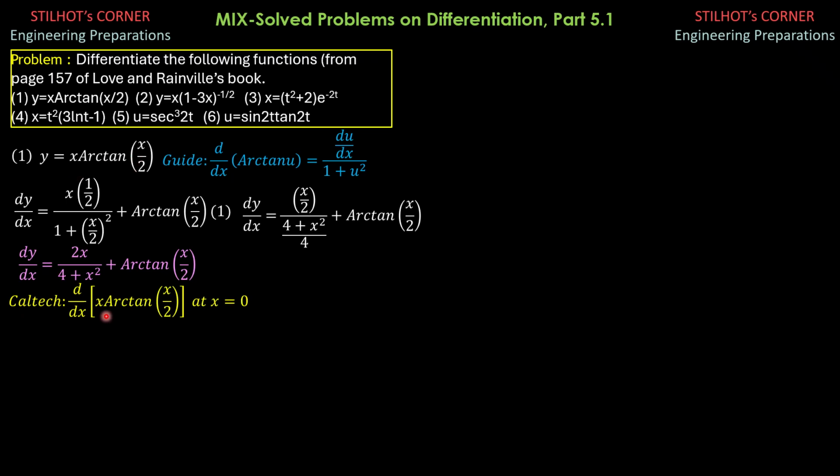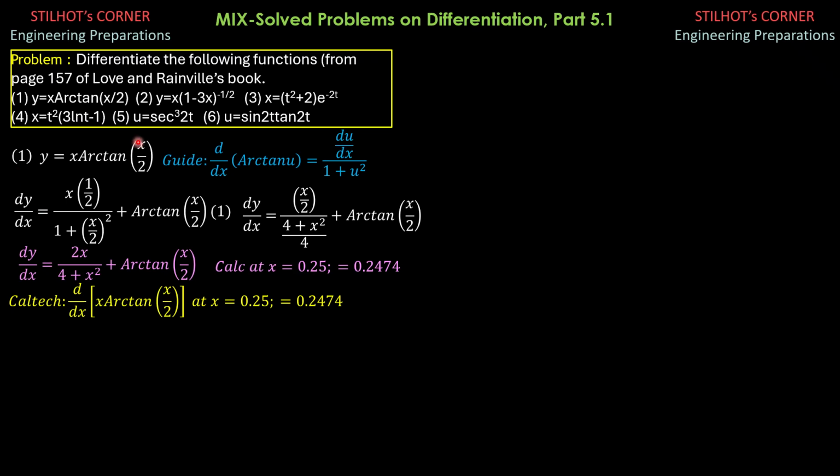Your calculator should be in radian mode. So you may try 0.25. This is defined and the value is 0.2474. Also, evaluate this answer at 0.25. So for instance, 2 times 0.25 over 4 plus 0.25 squared plus inverse tangent of 0.25 over 2. The answer should also be 0.2474 to verify that answer.